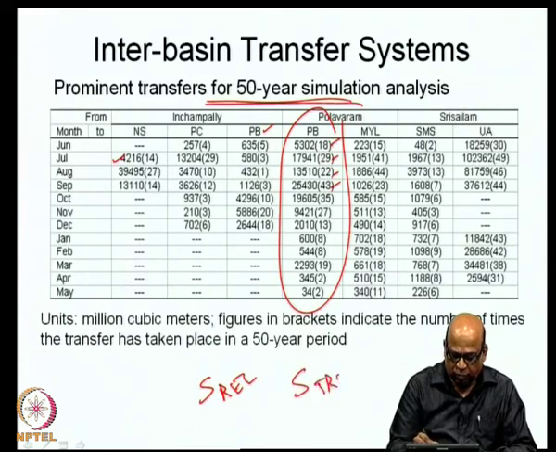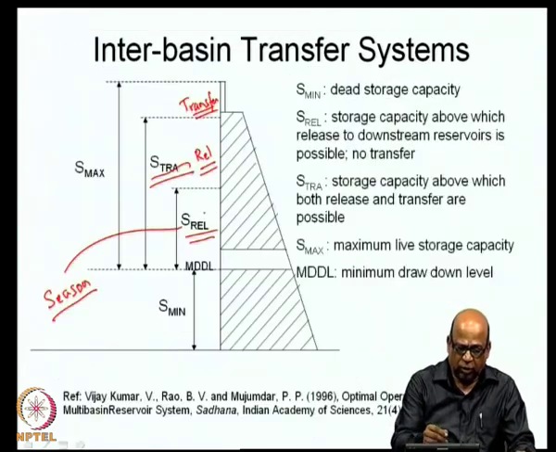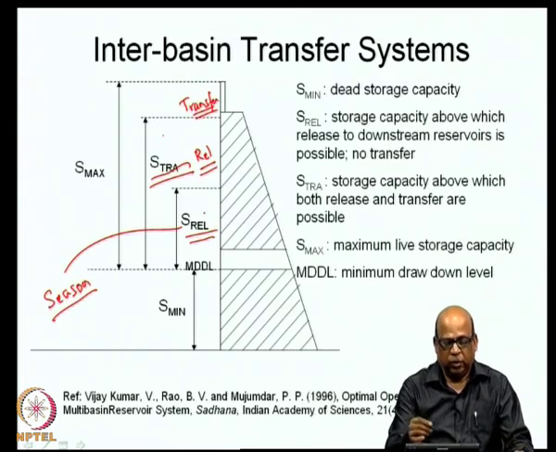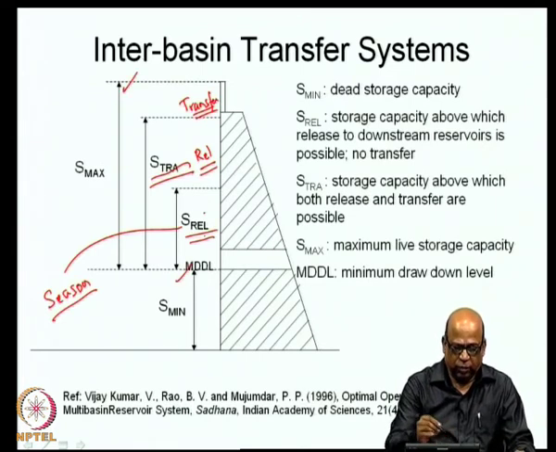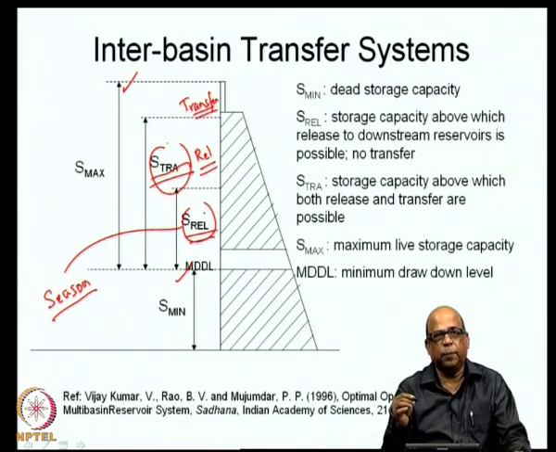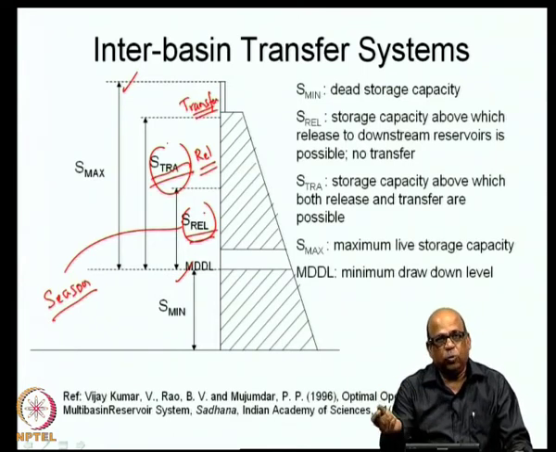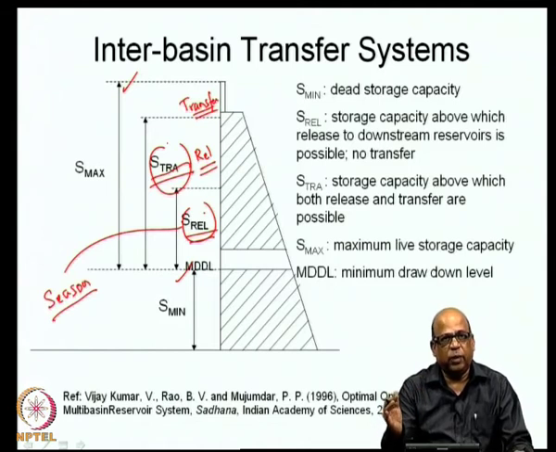What we are doing there is that these zones that I showed, SREL as well as STRA, we start with a particular SREL and particular STRA at each of the reservoirs. We know this level, we know this level, and then we start with a given or pre-specified SREL and pre-specified STRA, make the simulation, look at how well the demands have been met, change SREL, change STRA, again do the simulation, again look at how well the demands are met and so on.